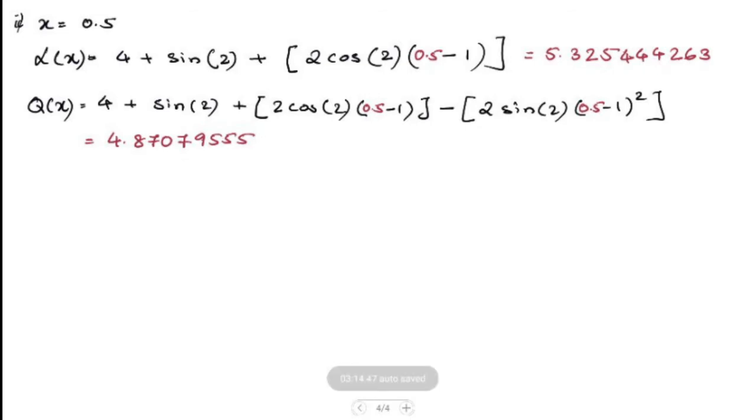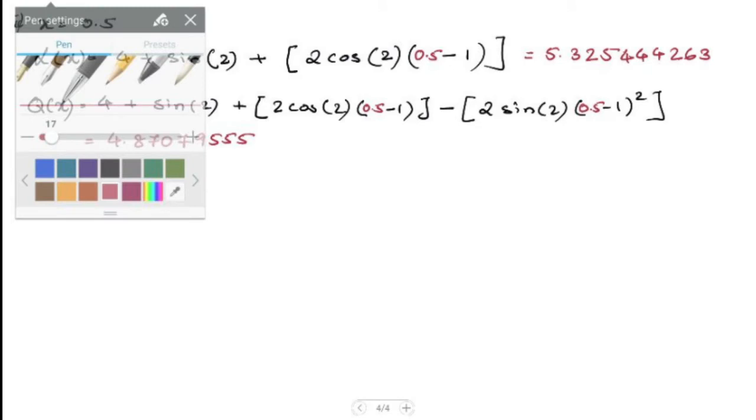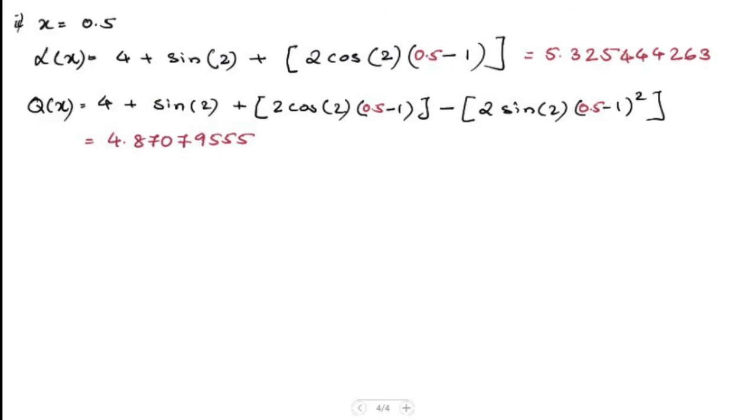And now we'll also find out what value we get for f(x). So our f(x) formula is 4 plus sine 2x. So 4 plus sine 2x, and for x, we'll replace it with 0.5, so times 0.5.